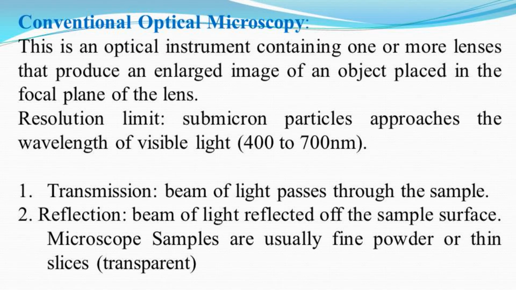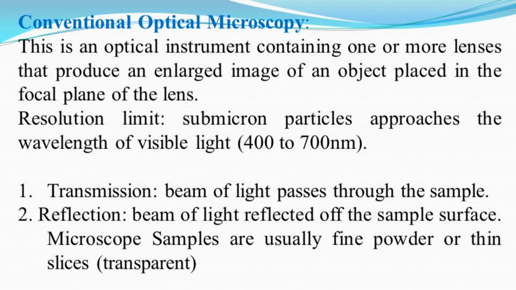Let us now discuss conventional optical microscopy. This is an optical instrument containing one or more lenses that produce an enlarged image of an object placed in the focal plane of the lens.